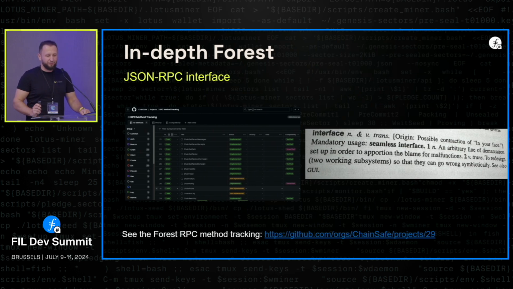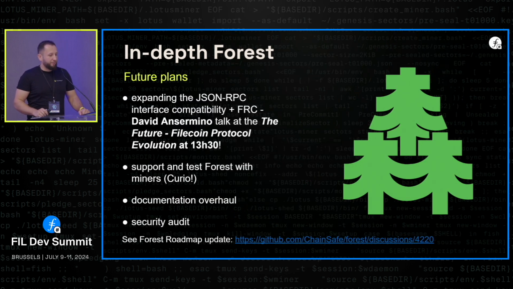So for your own use case, you can just look it up and see if you are already able to replace something with Forest. So we plan to expand on the JSON RPC. Be sure to go to David's talk later today.